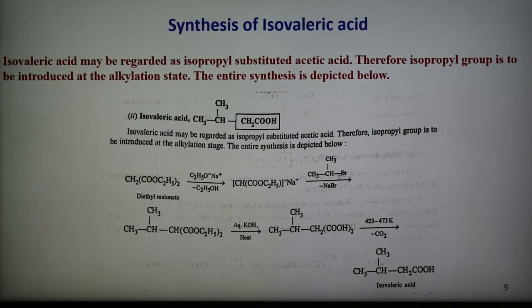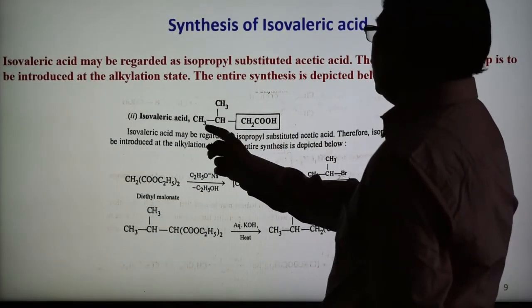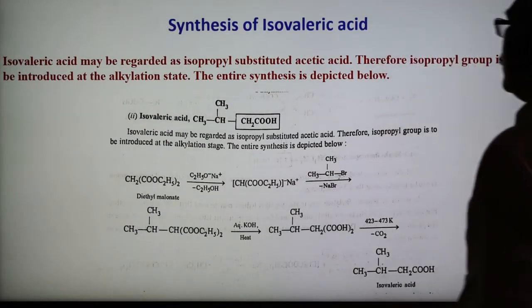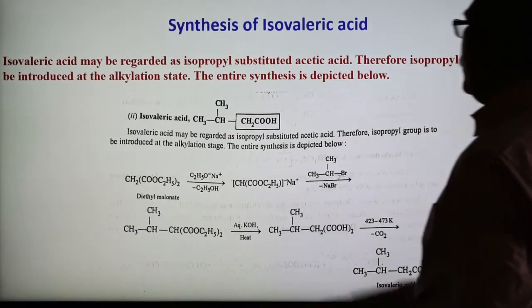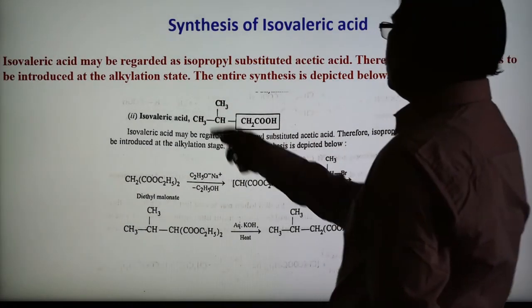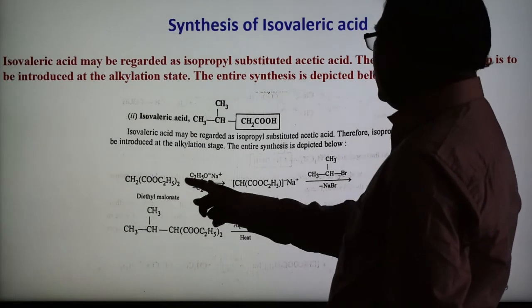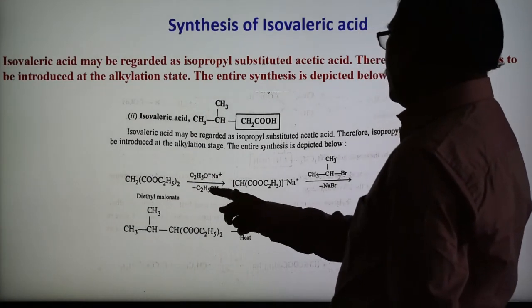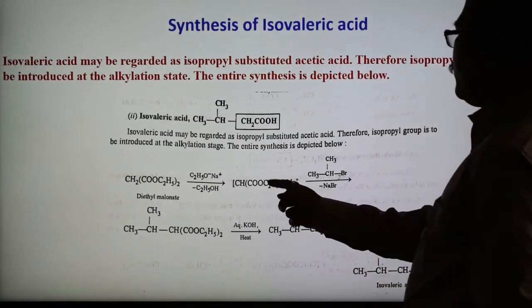Another compound is isovaleric acid. In the formula of isovaleric acid, this group is the isopropyl group, which we have to introduce at the alkylation stage. Again, similarly, malonic ester or diethyl malonate reacts with sodium ethoxide, C2H5OH is lost, and we get the enolate ion formation, the first step.